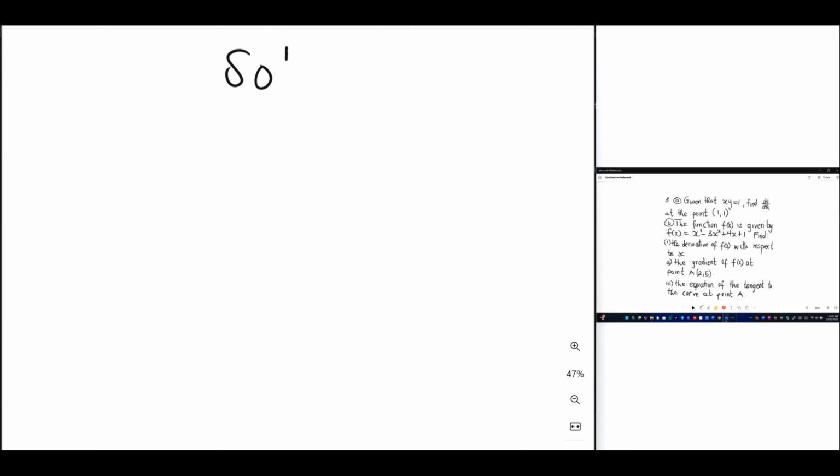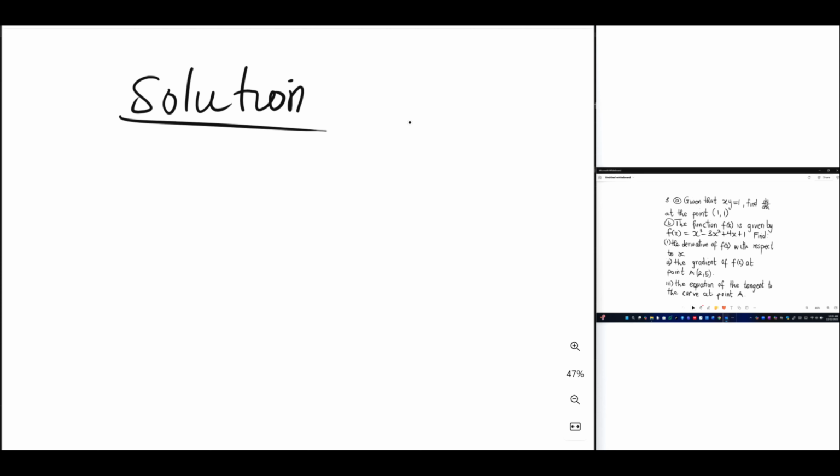So our solution. We have the function xy equal to 1. This is an implicit function.